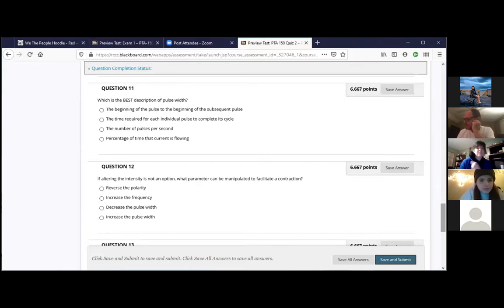So if I'm tapping, this is an electrical stimulation, I'm tapping. That tapping is the frequency. How many pulses per second am I tapping? Now, if I were to slow-mo that down, each tap, the length that it delivers that current for that one individual tap is the pulse width. Why would it not be A? Because that also includes the time that it's delivering that current and the rest break back to the beginning current.